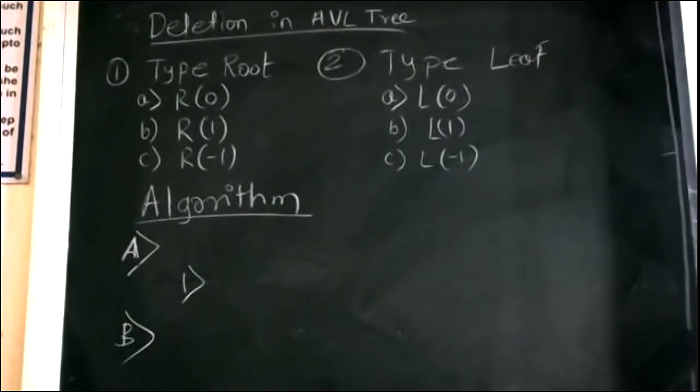If the tree is imbalanced, then balance it again. How to convert an imbalanced tree into a balanced tree? By using the rotation. Good. Now next, C steps.